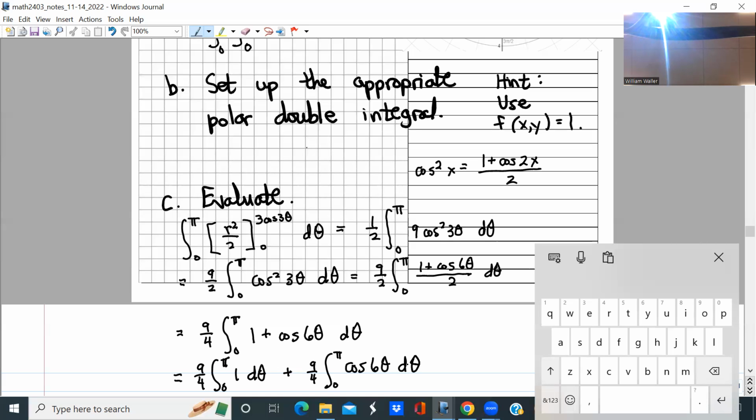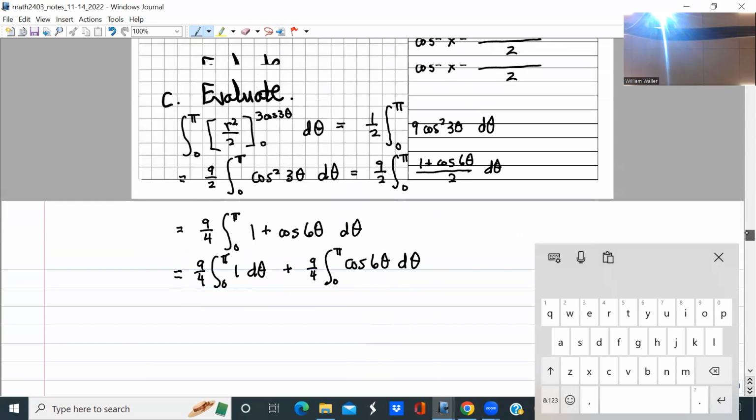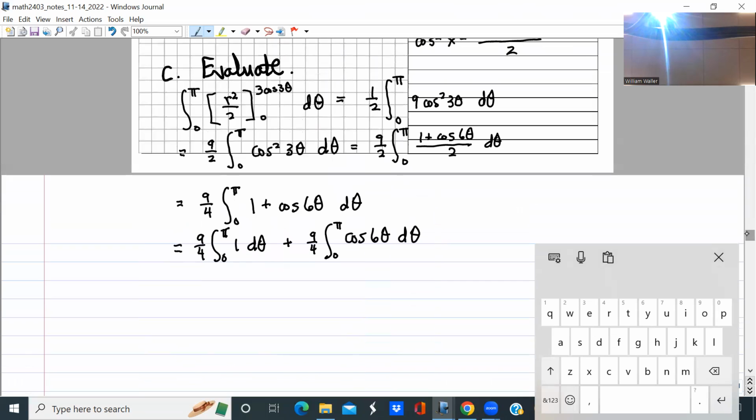All right, so how would y'all attack that, finding the antiderivative of cosine of 6 theta? Looks like that's going to involve what?